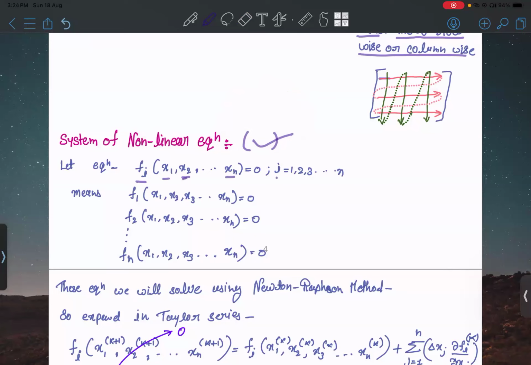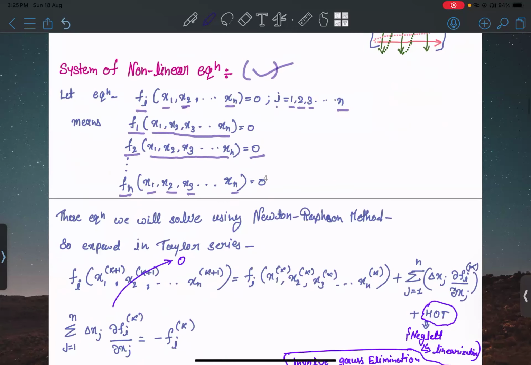Here this i is from 1, 2, 3 to n. So this means we have some first non-linear equation f1 operated on this n dimensional space, then f2(x1, x2, ...) equal to 0. Similarly fn(x1, x2, x3, ..., xn). Okay, so these are n non-linear equations that we have.